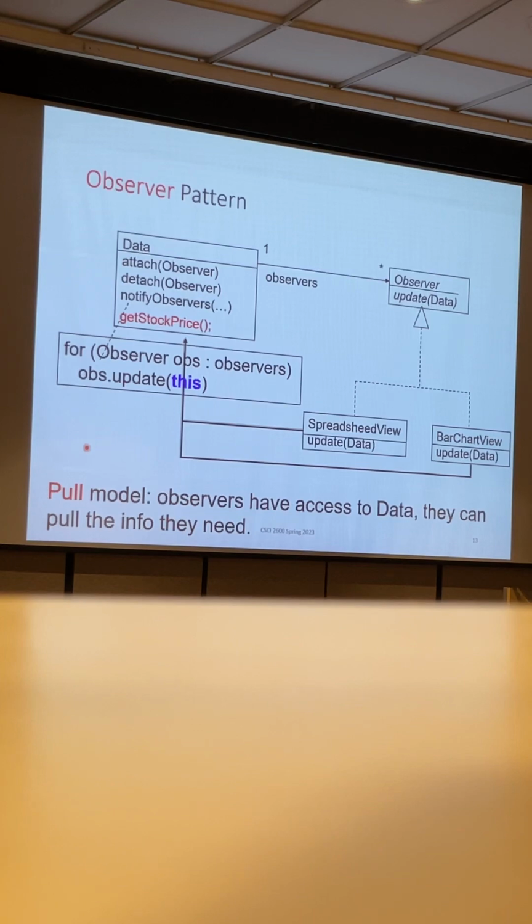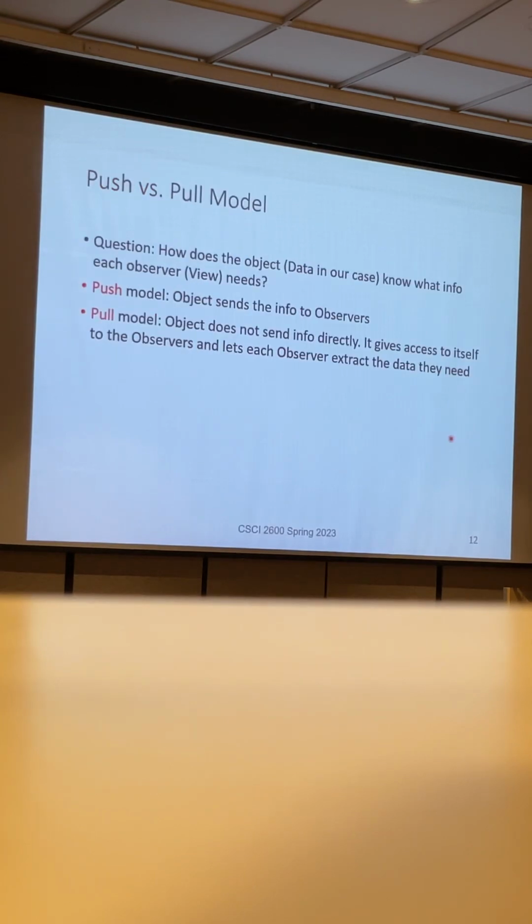So it can be a little confusing. Why? Because observers have access to data, so they can pull this information whenever they need, right? So we're not pushing; we are pulling, right? So the observers would pull the data from the model.